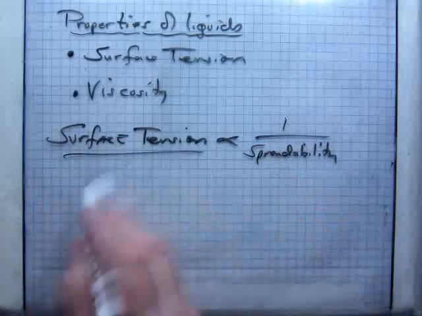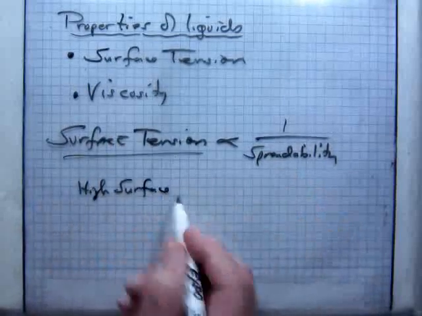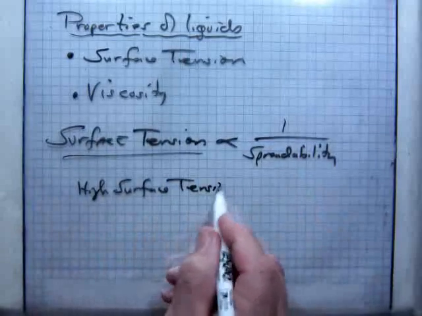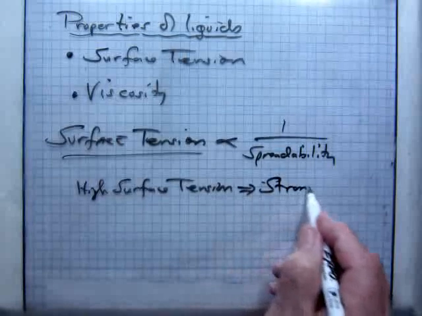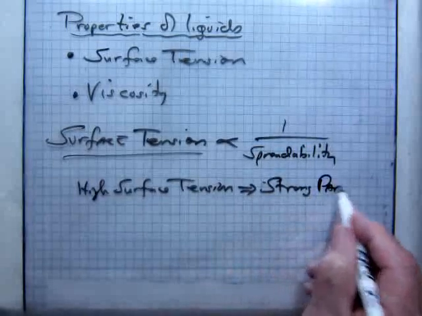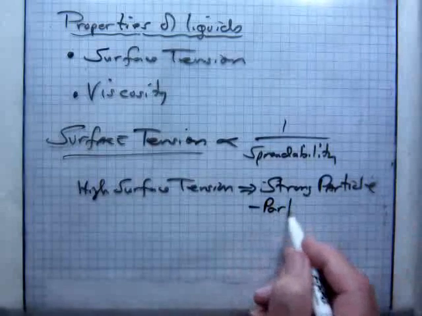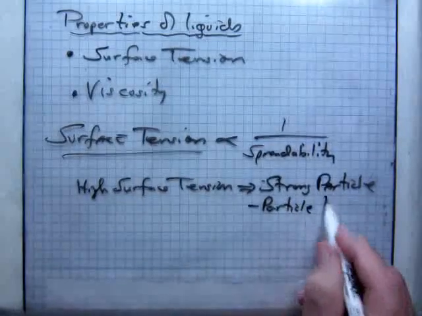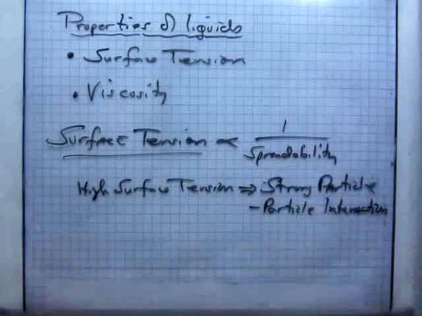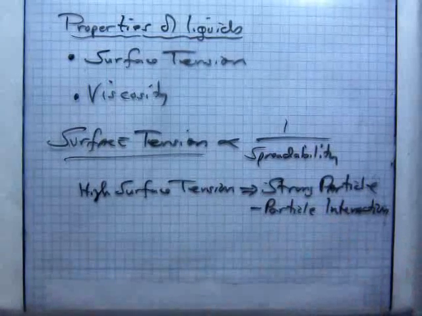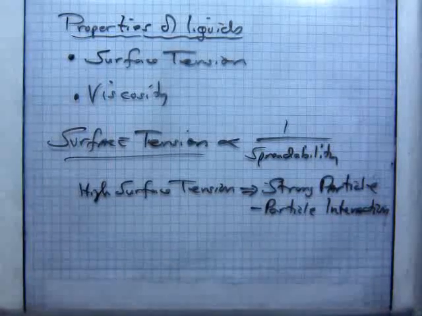So high surface tension means strong particle-particle interaction. So if you have increasing surface tension, you have strong forces and it's hard to spread.